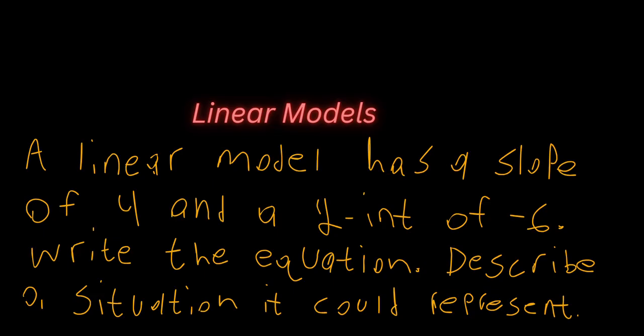All right, for our fourth problem, we're given the question: a linear model has a slope of 4 and a y-intercept of -6. Write the equation and describe a situation it could represent. Okay, so go ahead and pause the video, go ahead and write the equation, which I'm sure will be easy for you, and also describe or think about a situation that could be represented by that model.